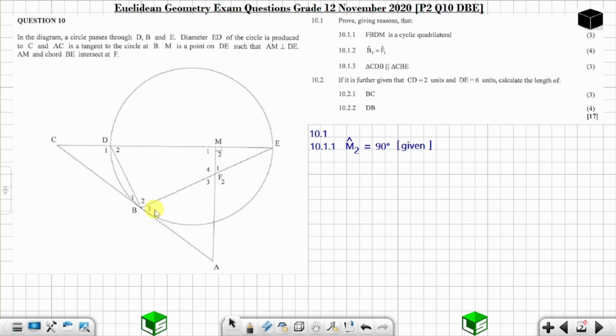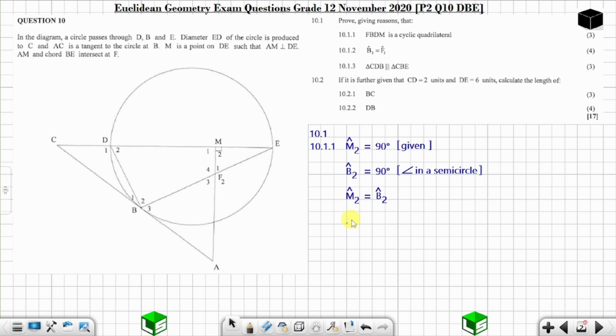The reason is angle in a semicircle. So angle M2 is equal to angle B2.